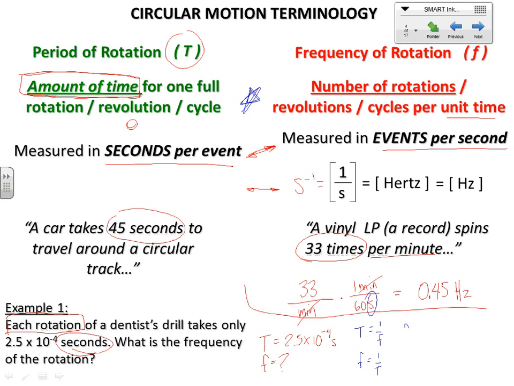So the frequency of this dentist drill is 1 over 2.5 times 10 to the negative fourth seconds. That's something like, hang on, 2.5 E negative 4, and then that inverse button, love that inverse button. Yeah, 4,000 hertz.